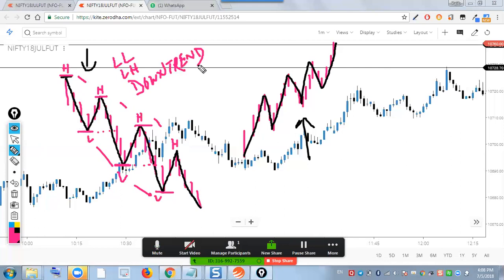Now the exact opposite. If you understand this, then we have already done this. The exact opposite is true here. Whenever you see higher high and higher low, you have an uptrend, because the buyers will be in control in that scenario.